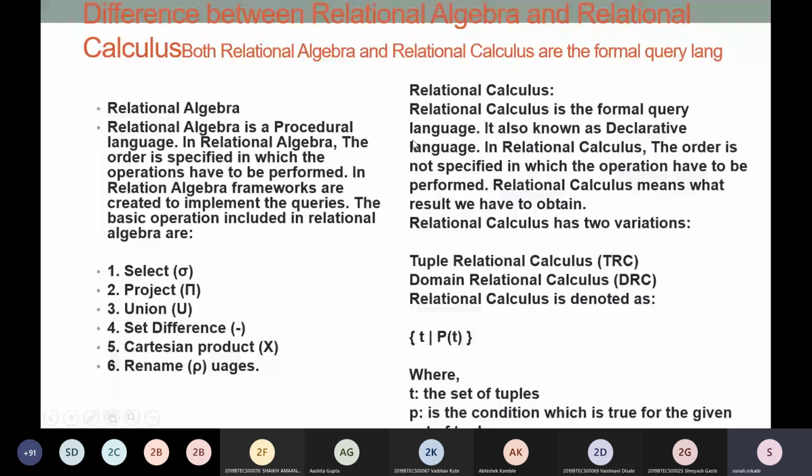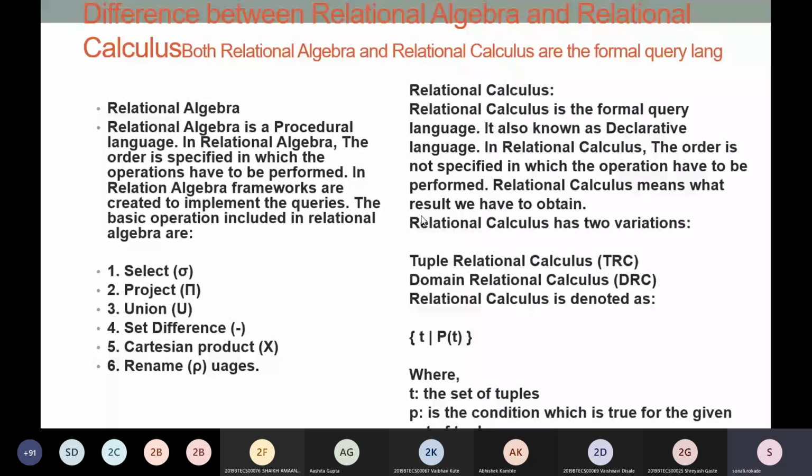Relational calculus, which is the formal query language, is also called a declarative language, but here the order is not specified in which the operations have to be performed. In relational algebra, frameworks are created to implement the queries, and in relational calculus, we specify what result we have to obtain.